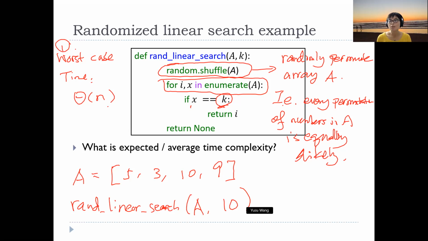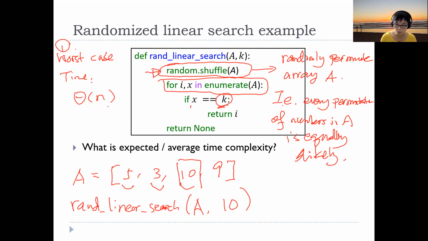Without the randomness, in the previous linear search, I have to go through the array position by position, and in the third position I find 10. So my time in that case is 3, assuming each operation takes unit time. We find 10 in the third position, then we return it. Now with this randomized version, remember that the first step is to randomly permute A.